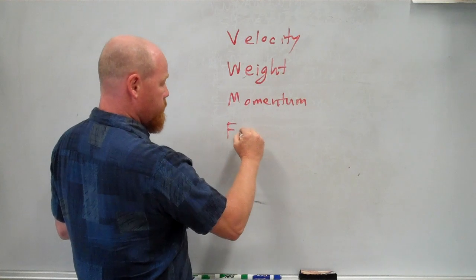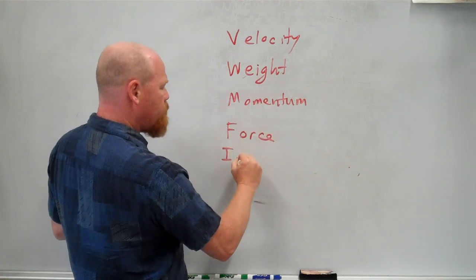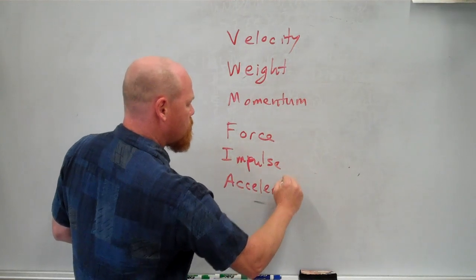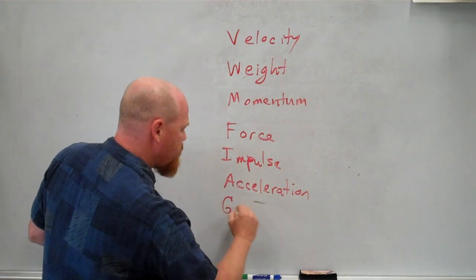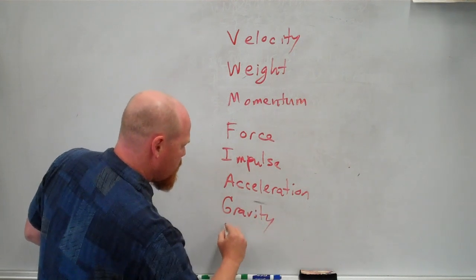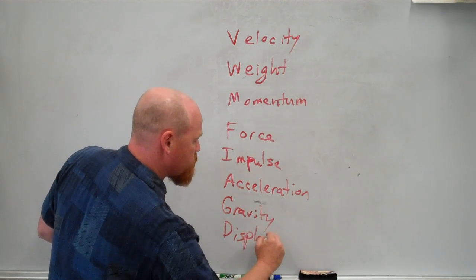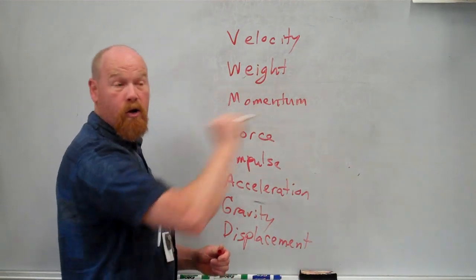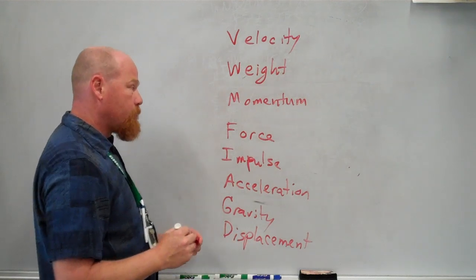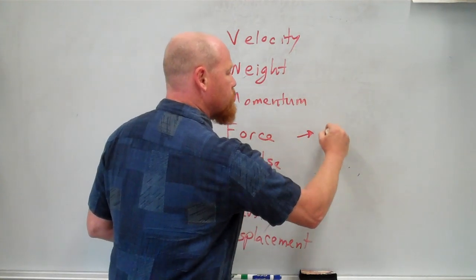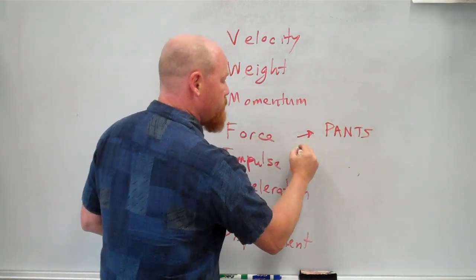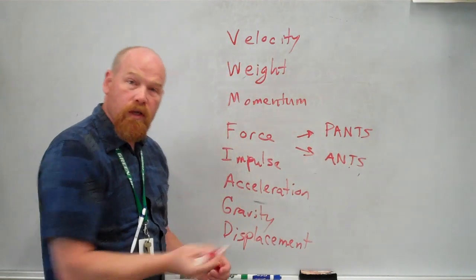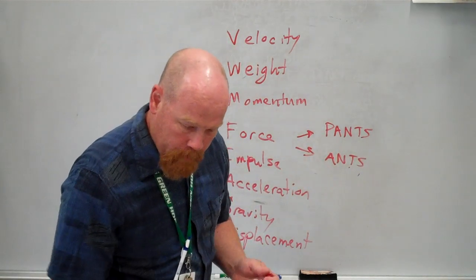Vectors will move fast: force, impulse, acceleration, and gravity, and displacement. We just talked about displacement is from start to finish, in a direct line, the arrow would go from start to finish. Now, there's also force fields like electric fields, which we'll talk more about, and then magnetic fields. But they're force fields, so they're part of that vector group right there.